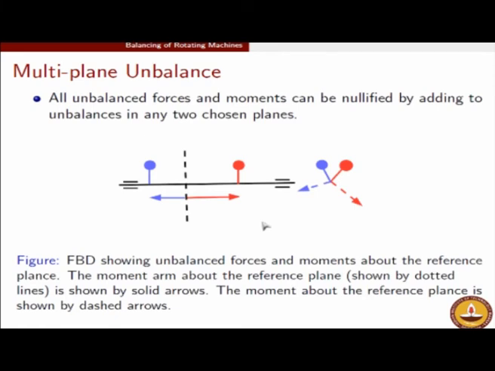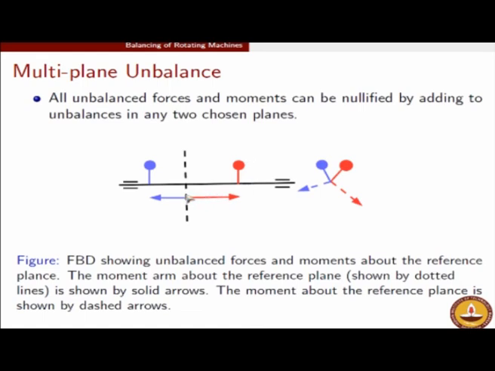But now we have to care about another issue, which is that of moment. To estimate moment, again we have to arbitrarily select a reference about which the moment will be calculated. The dotted line represents the reference about which we are going to do the moment calculations. Now the unbalance which is lying towards the right of this reference plane will create a moment given by the cross product of this vector multiplied by this vector.